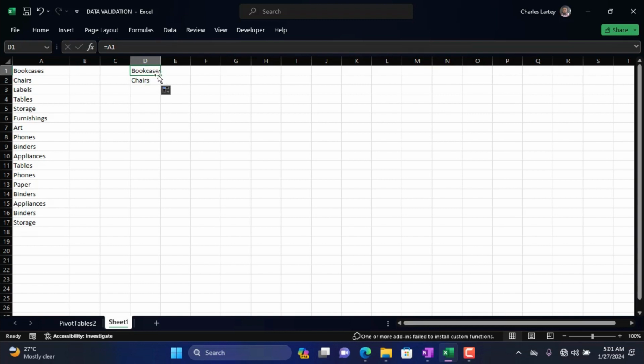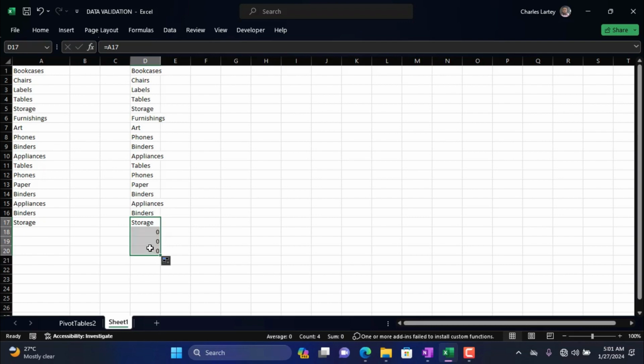Excel automatically does this according to the data here. So if I do the autofill, this is A17. Even if I continue, it will still be referencing these cells.